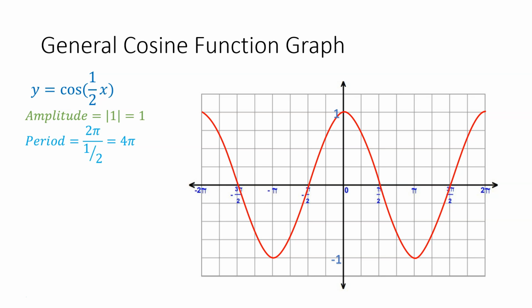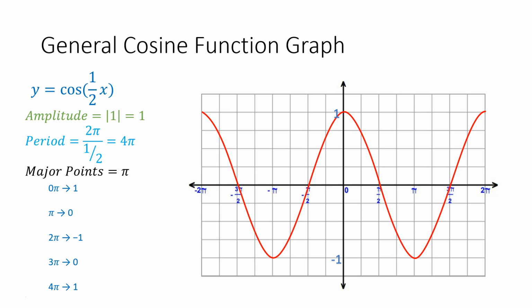Remembering that when we divide by a fraction, we keep change flip. So we're going to take 2 pi times 2 over 1, which will give us 4 pi. Our major points then, taking our period length divided by 4, 4 pi divided by 4 gives us just pi. So all our values are going to increase by pi units.